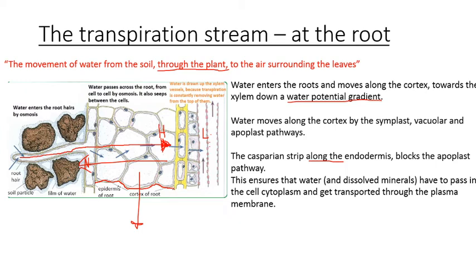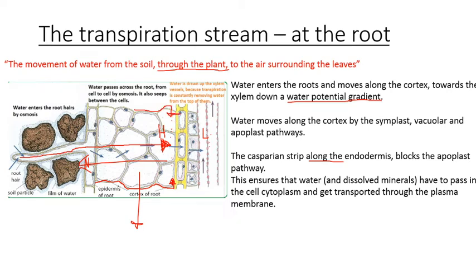And the only way that water can now move is into the cells, into the symplast and vacuolar pathways. Think what you've done there. You've purposely moved more water into these cells here. So these cells have much more water than they used to, because all the water from the apoplast pathway, this bit, has moved in.